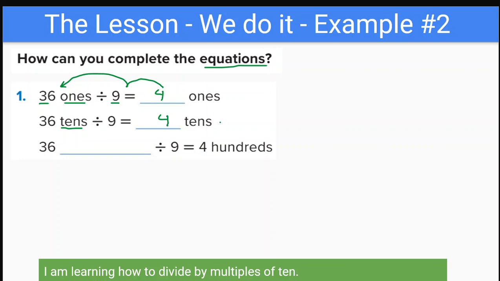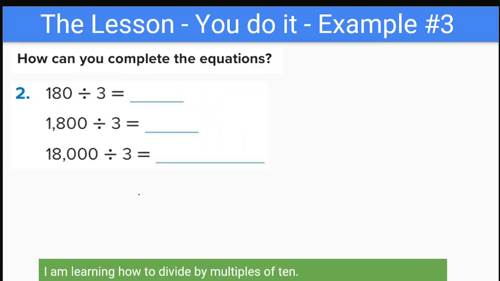And if you're saying tens, that's 1 0, like 4, there's tens, 4 tens. That means 40. Okay, now this one says hundreds right here, so that's going to be 2 zeros. So 36 something divided by 9 equals 4 hundreds. Well, 36 hundreds, you could write the word right here, or I like to just put 2 zeros because that means hundreds, and you get 3,600. Kids, you're learning how to divide by multiples of 10.